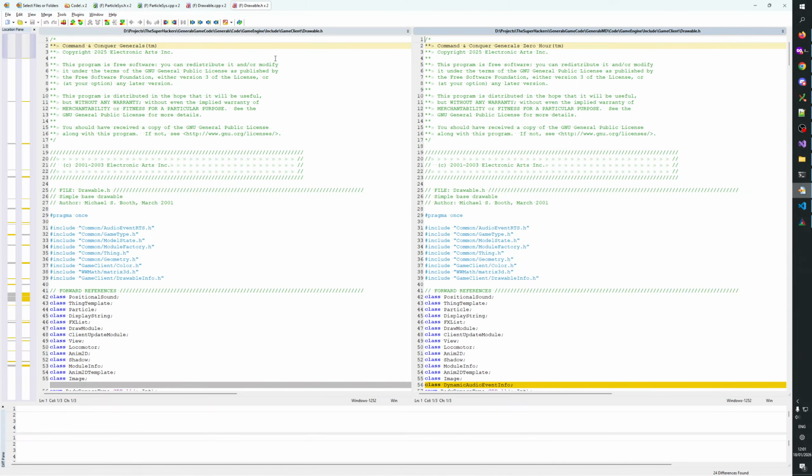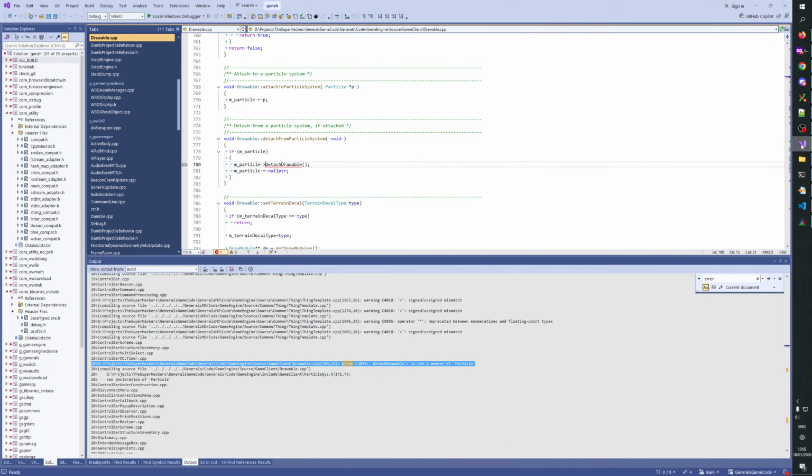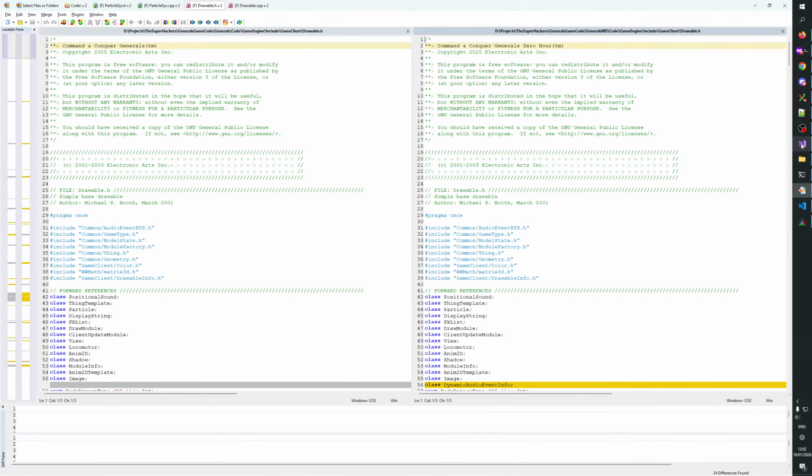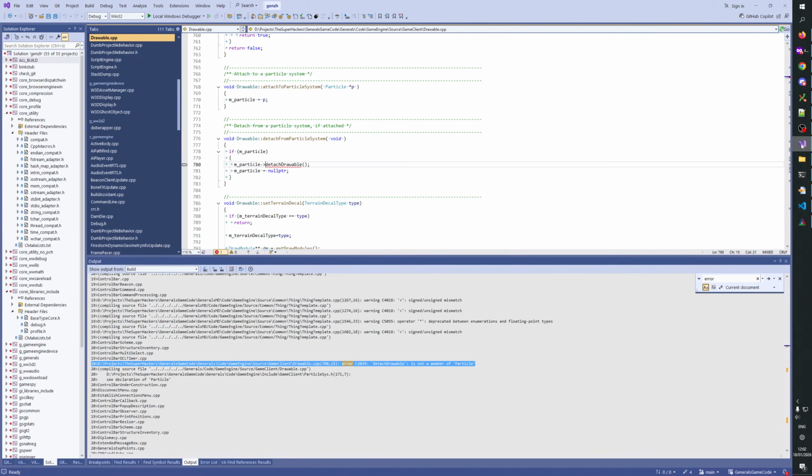Detached drawable, detached from ParticleSystem.